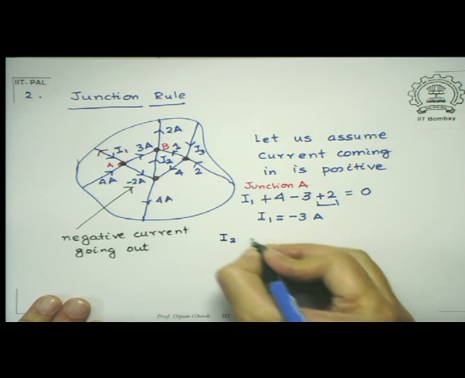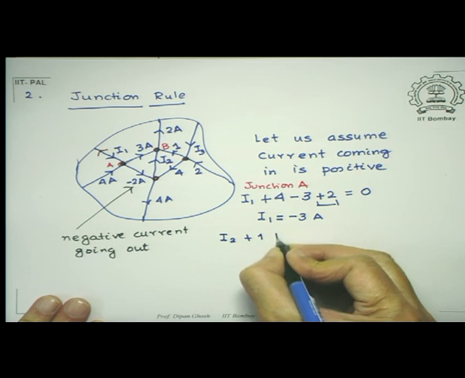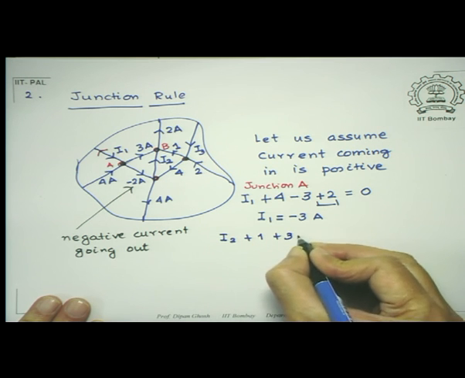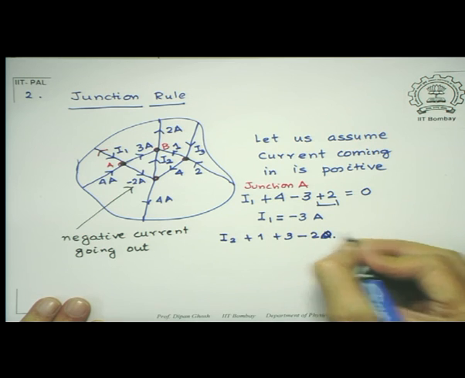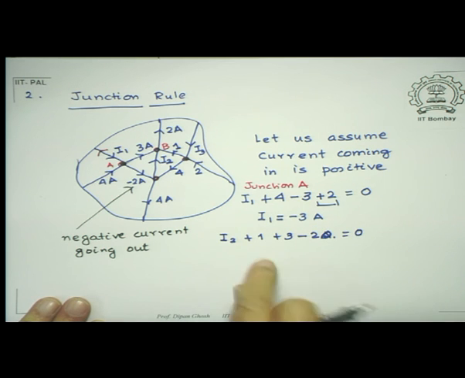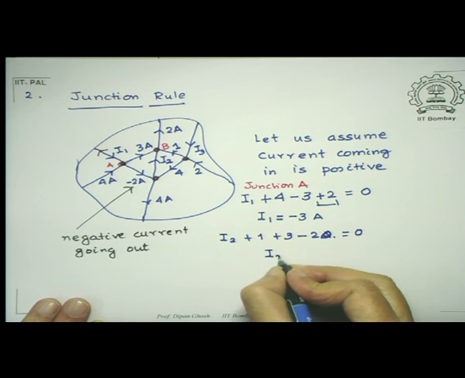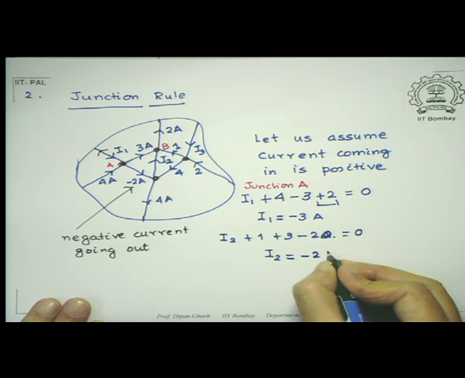There is 1 ampere coming in, 3 amperes coming in, and 2 amperes going out. That is equal to 0. So I2 plus 2 is equal to 0. So I2 is equal to minus 2 amperes.